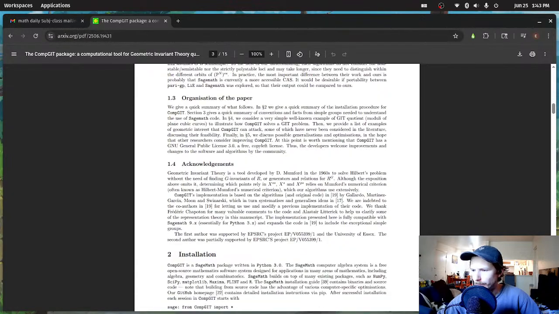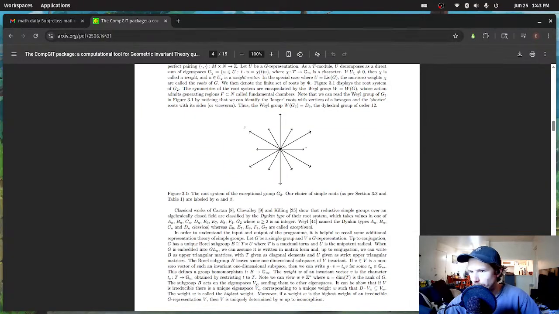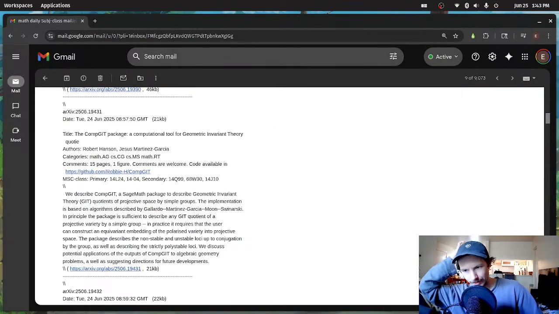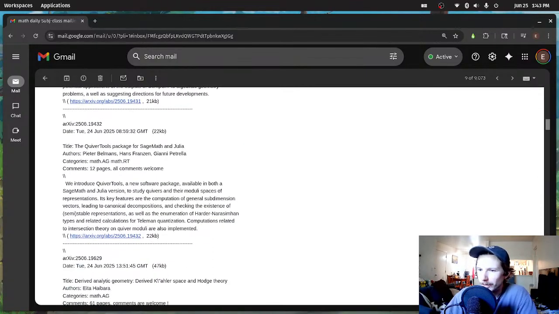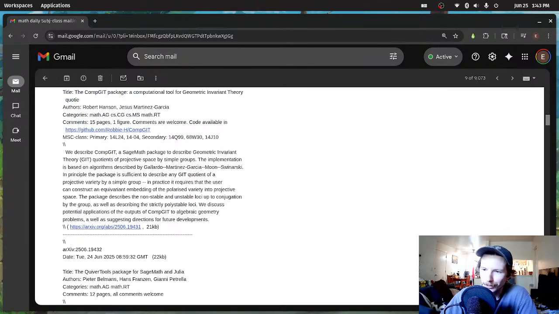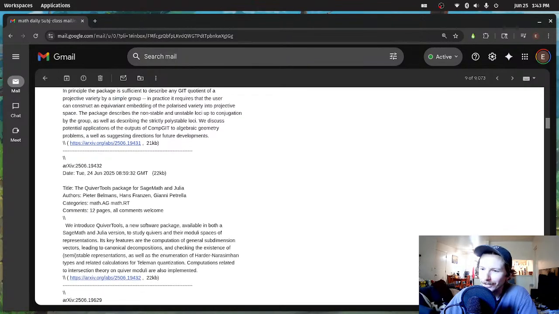But I just feel like in general lately I've been excited to see more computational things show up on the archive. So, Quiver Tools, a package for Sage Math and Julia. It's basically very similar to the previous thing. That's actually kind of rare. Peter Bellman's is doing a lot of computational stuff though. So it's cool seeing more of this come out.